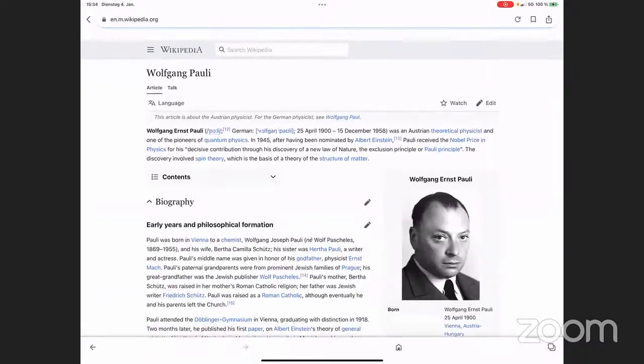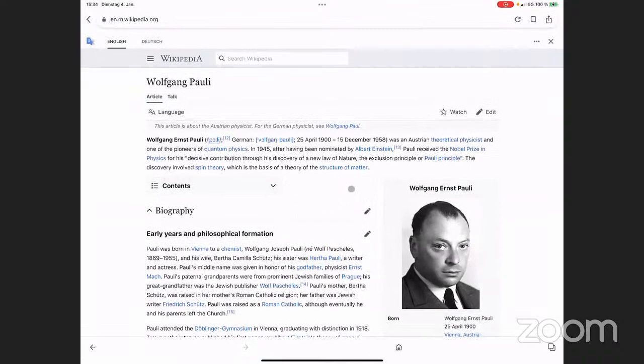Wolfgang Pauli is an important person. He didn't only discover the spin idea of the electron, but also the Pauli exclusion principle, or simply speaking, the Pauli principle.